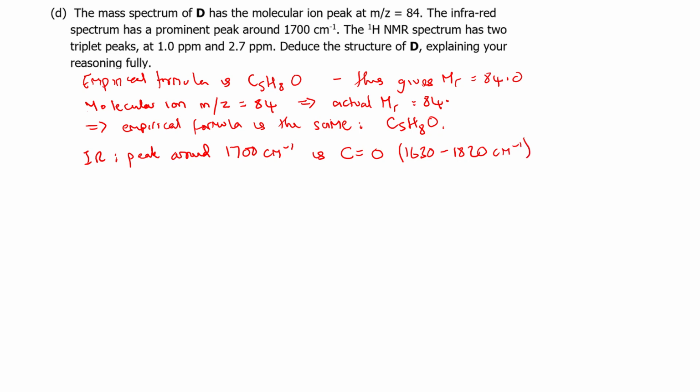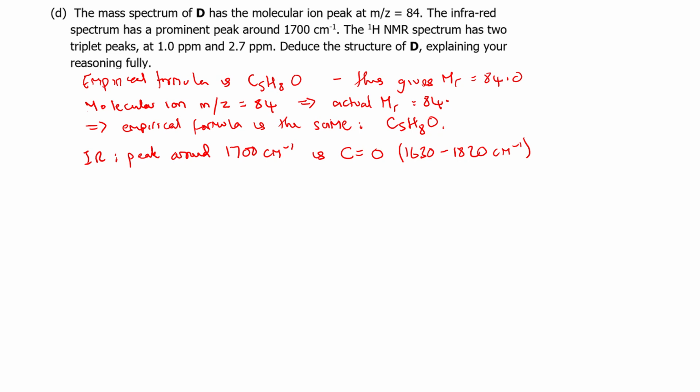Okay, so we know it's got a carbonyl group, and then we've just got this very small amount of proton NMR because it's telling us, well, all we've got are 2 triplet peaks at 1.0 and 2.7 ppm, and we have to assume, I mean, the question's not exactly clear, but we have to assume that means that's all there is in the proton spectrum.